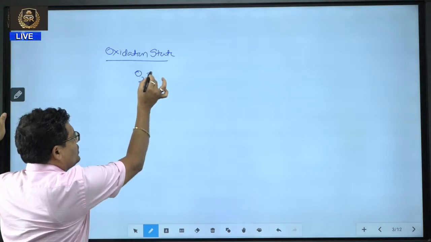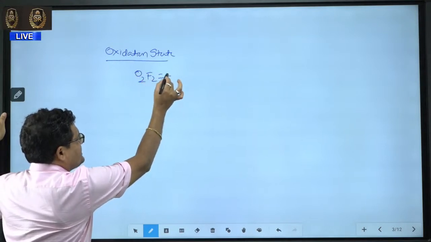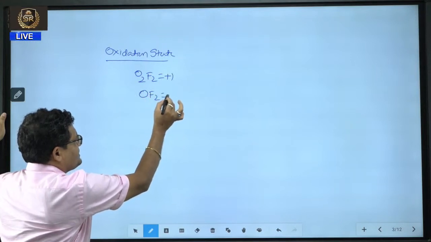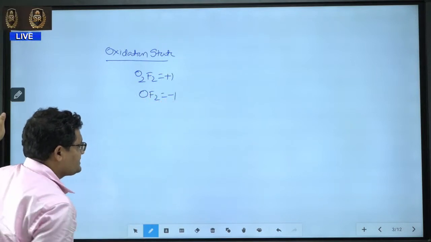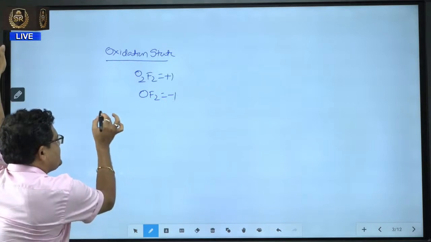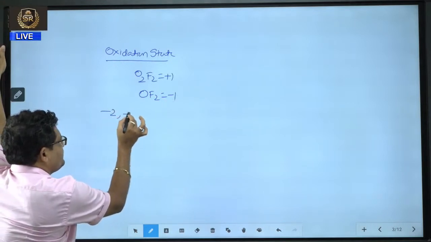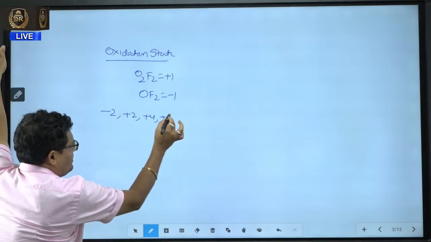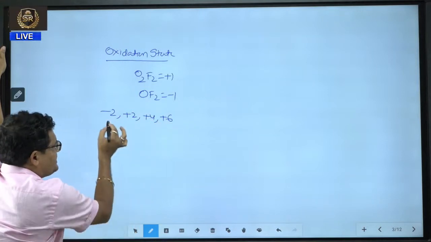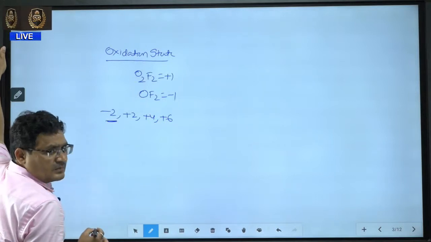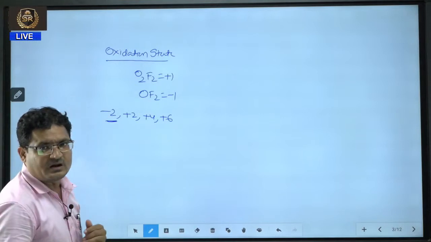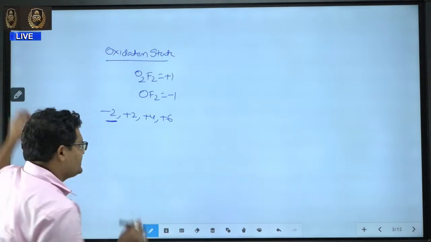But for the other 6th group elements, the oxidation states are -2, +2, +4, +6. The -2 is called the common oxidation state, which depends upon the 0 group element electronic configuration.